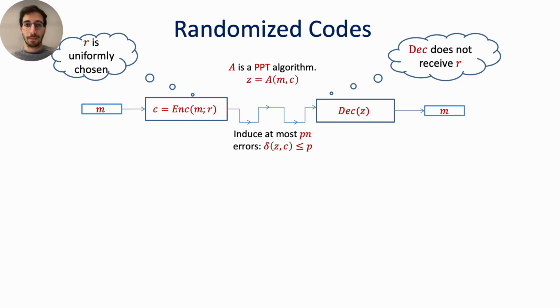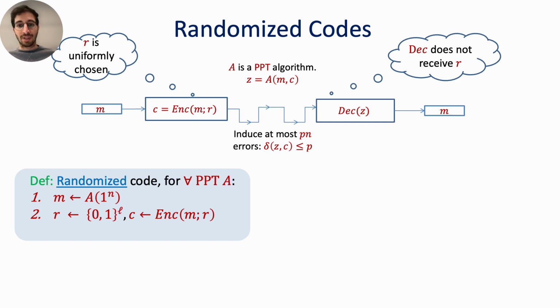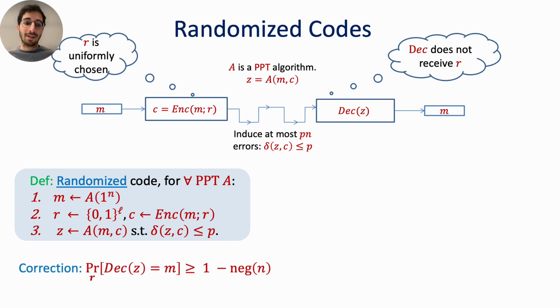Good. Formally, this means that a randomized code is a pair of encoding and decoding algorithms such that for every PPT adversary A, if this adversary first chooses the message M, then we choose some randomness R, we encode the message using this randomness R, and then the adversary, which is stateful, sees the message and this encoding, and figures out some string such that this string is at most p distance from this encoding, it should hold that the probability that the decoding of this string equals the message is high.